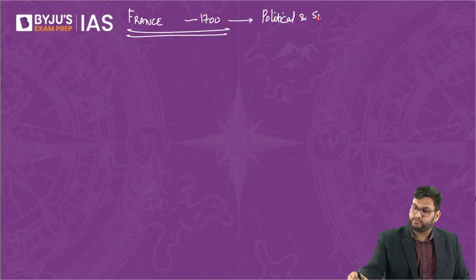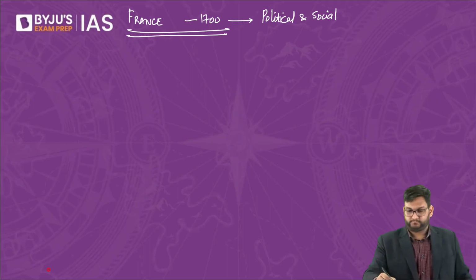Now I'm going to create a certain picture in front of you. You have to please understand it, and therein you will understand. So let's try to understand France in 1700, both political and social.